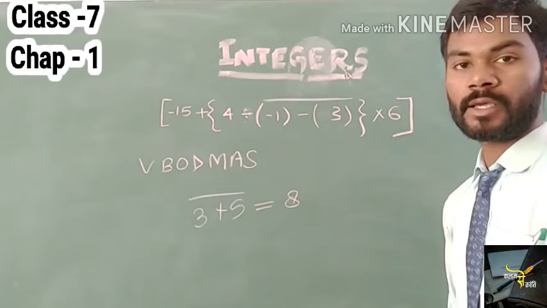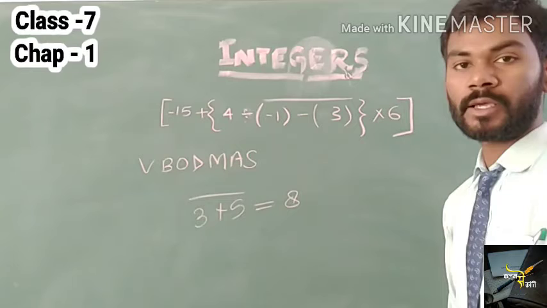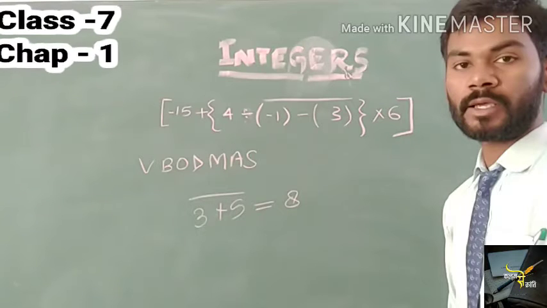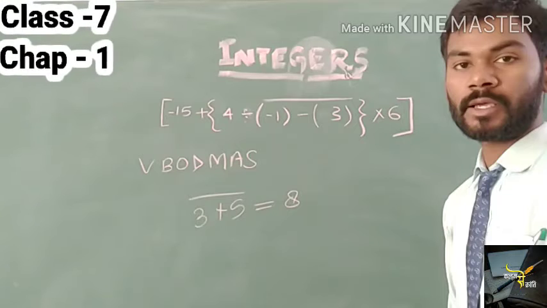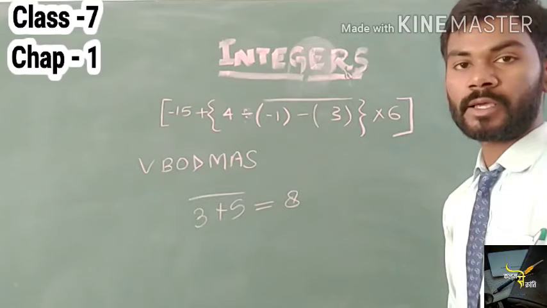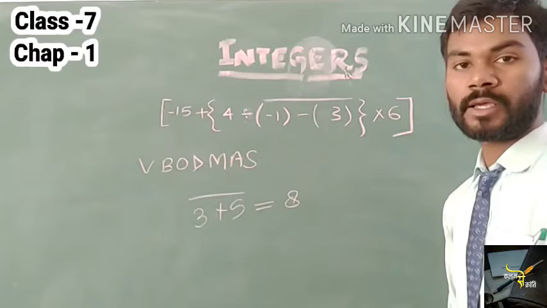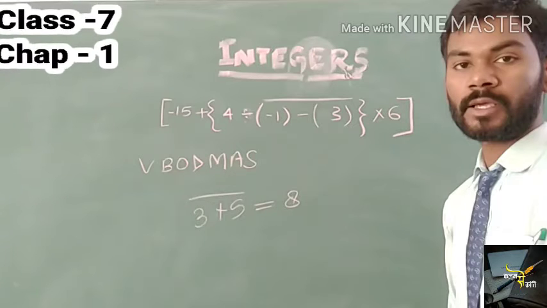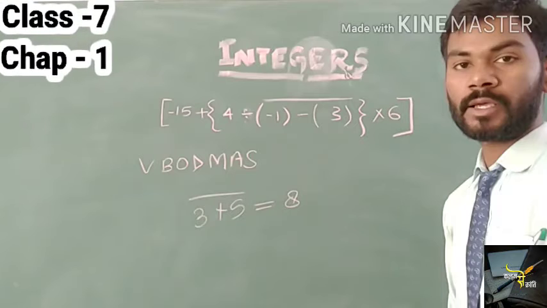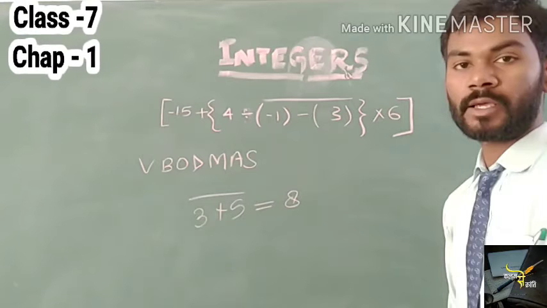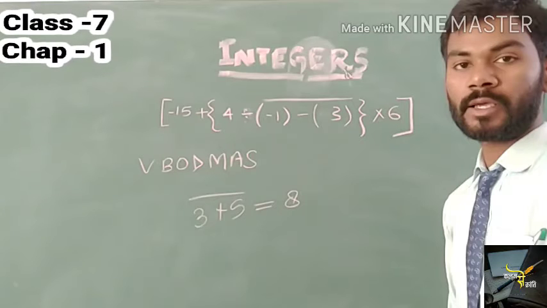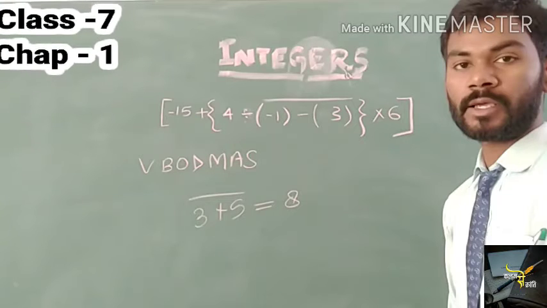minus 40 plus minus 1 minus 2 bar multiplied by 6 divided over 3 minus 2 bar. Now in this question, the number of bars is 2.